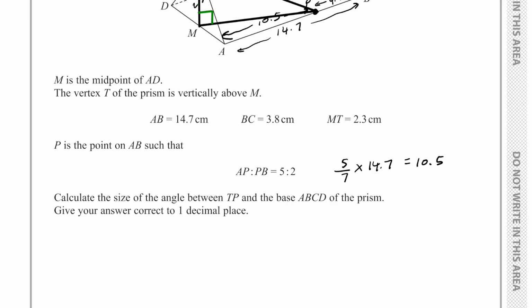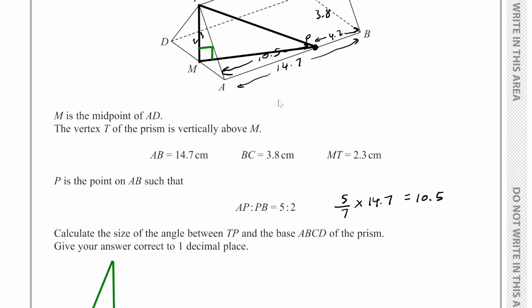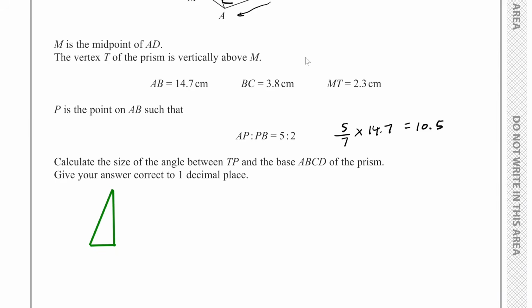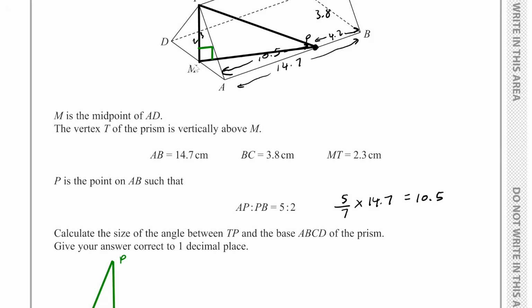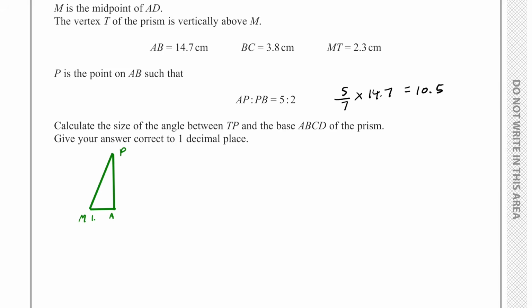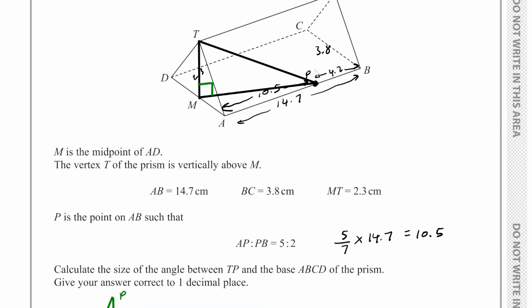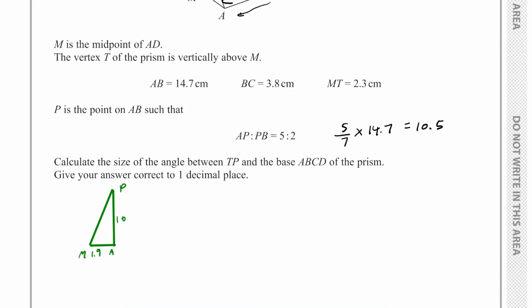So let's just draw a right angle triangle. So we've got M, A, and P. M to A is 1.9. It's half of 3.8. A to P, we know is 10.5. So we can work out M to P.